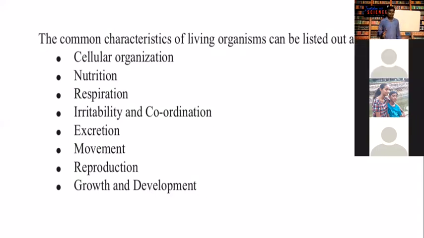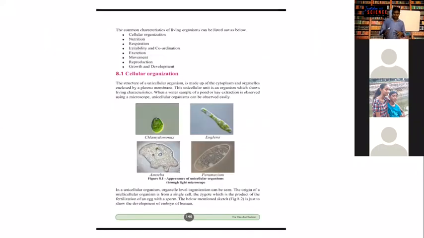These are the main features. The first question they are asking is to list out the common characteristics of living organisms. Now you know the main features. Your textbook also gives these features. The first characteristic is cellular organization.